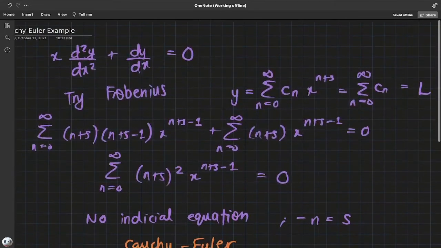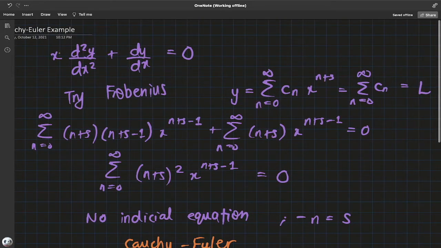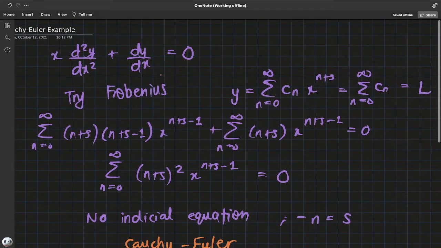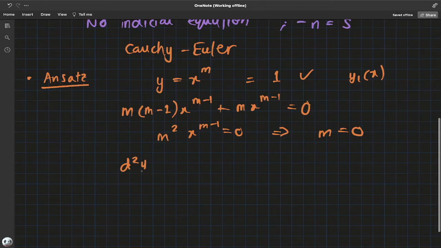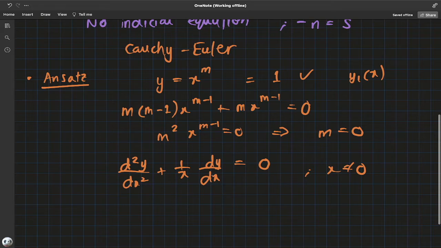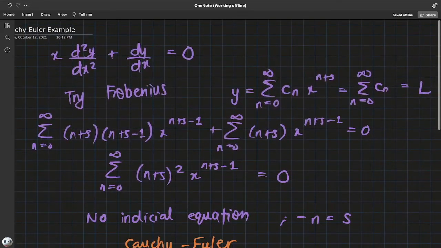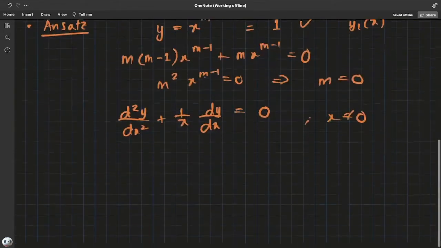For the Wronskian approach, notice that we need 1 here instead of an x, so we need to divide by x on both sides, so that we have d second y over dx squared plus 1 over x dy over dx equals 0. We are assuming that x is not equal to 0, which allowed us to divide. And this makes sense because if x were 0, this would just be a first order differential equation, dy over dx equal to 0, which means y is linear.